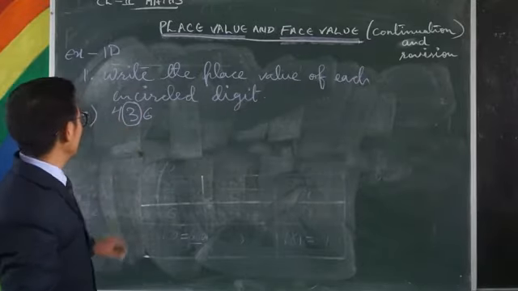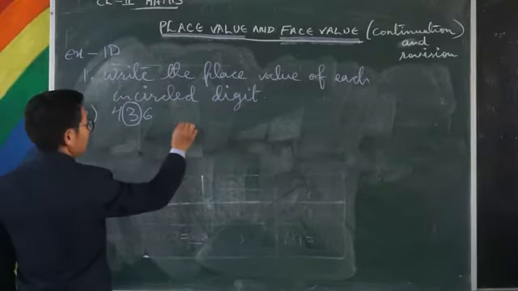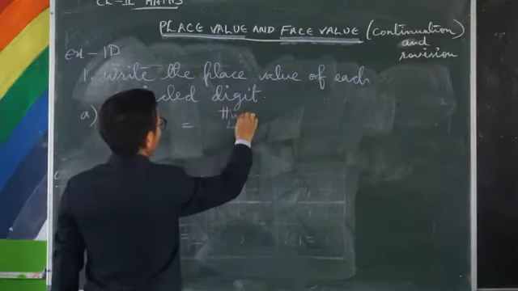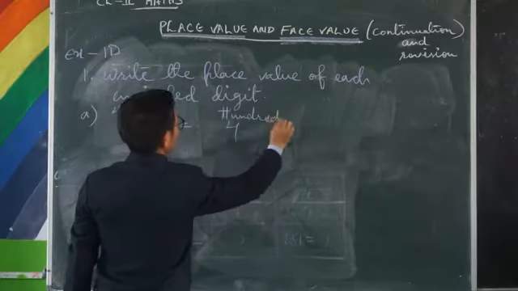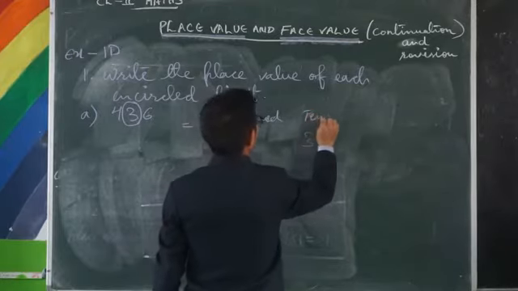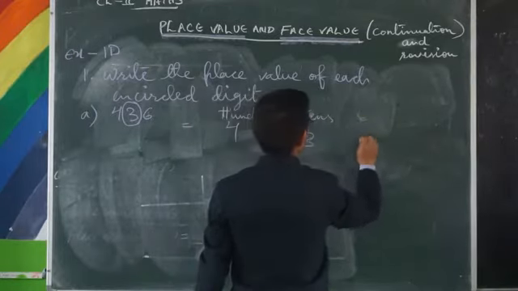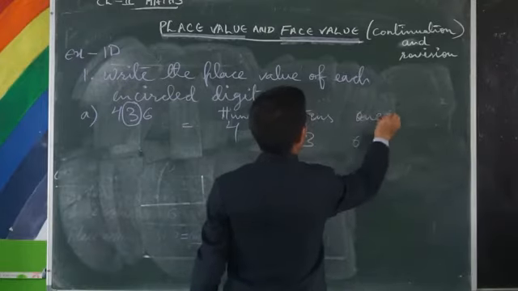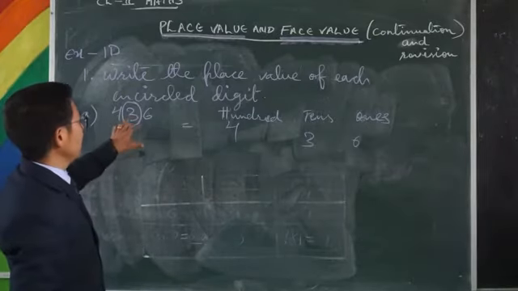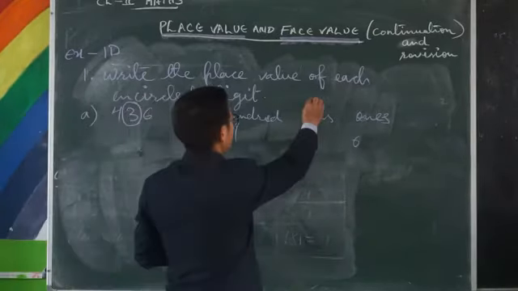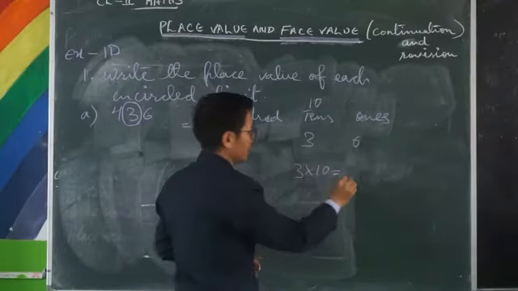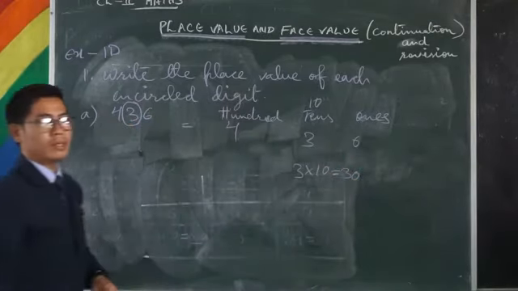We know 4 is in the hundreds place, 3 is in the tens place, and 6 is in the ones place. You are asked to find the place value of 3, which is in the tens position, so 3 multiplied by 10 will be 30.